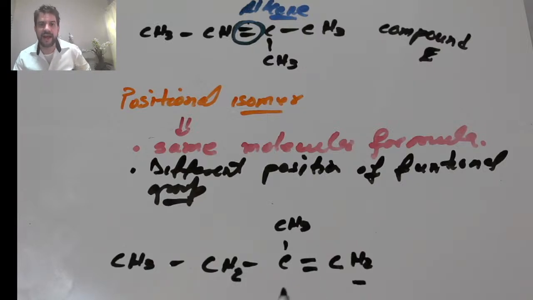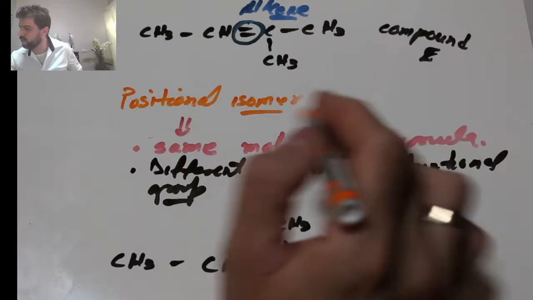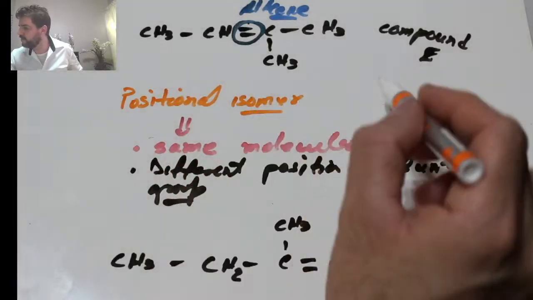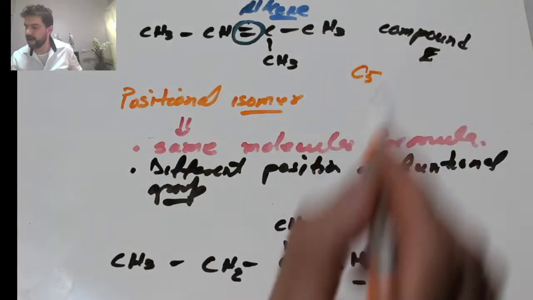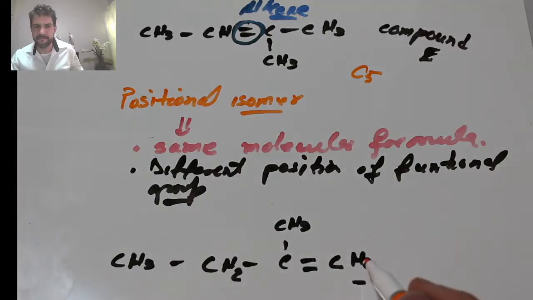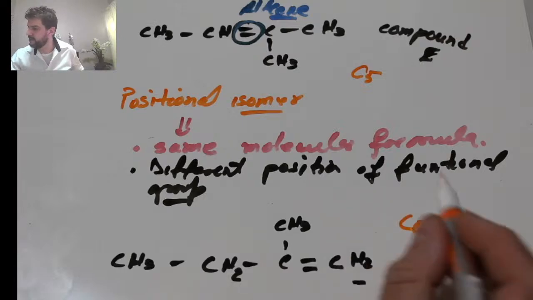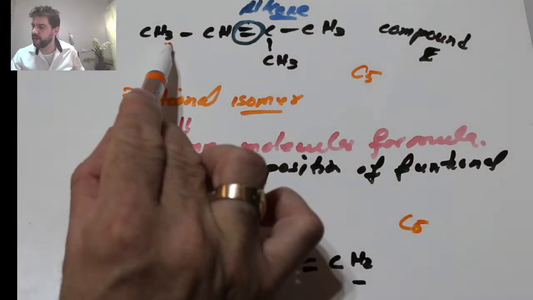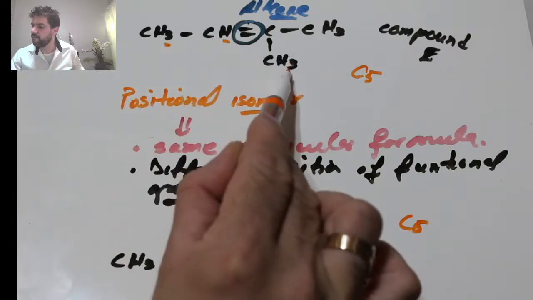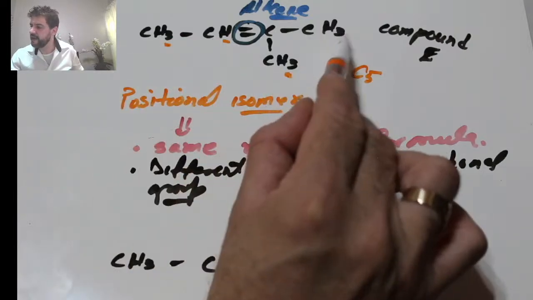All right, so now we make sure the molecular formula is the same. Very easy. All you have to do is to count here. So for the first compound, we have 1, 2, 3, 4, and 5, which is C5. For the second compound here, which is the positional isomer, we have 1, 2, 3, 4, and 5, C5. Let's count the hydrogen here. We have 3, 4, 5, 6, and 7, 8, 9, and 10.